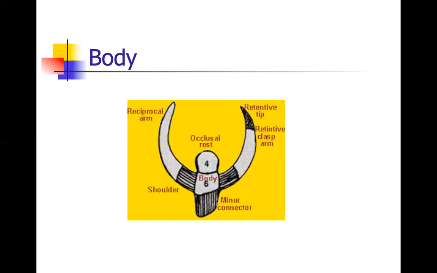It is rigid and lies above the height of contour. The body is designed in such a way that it contacts the guide plane of the abutment during insertion and removal. The tissue surface of the body of the clasp, which is closely related to the guide plane, is known as the proximal plate.